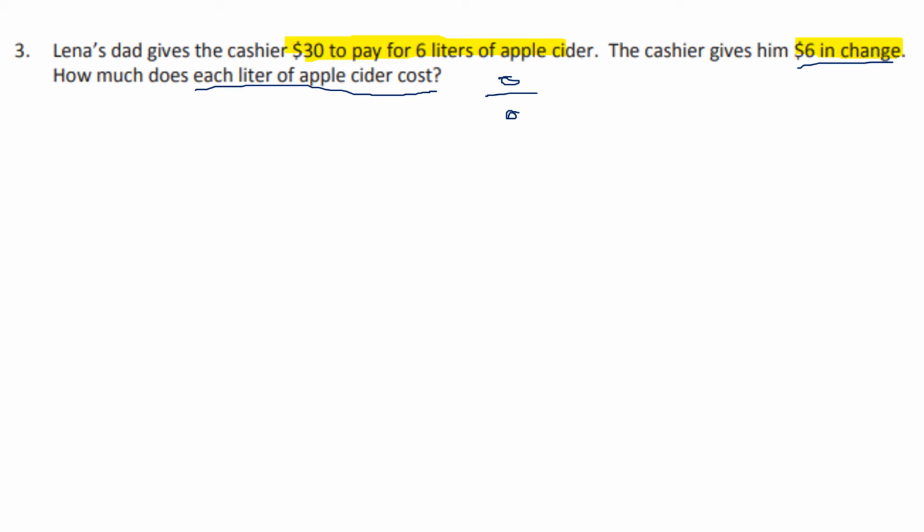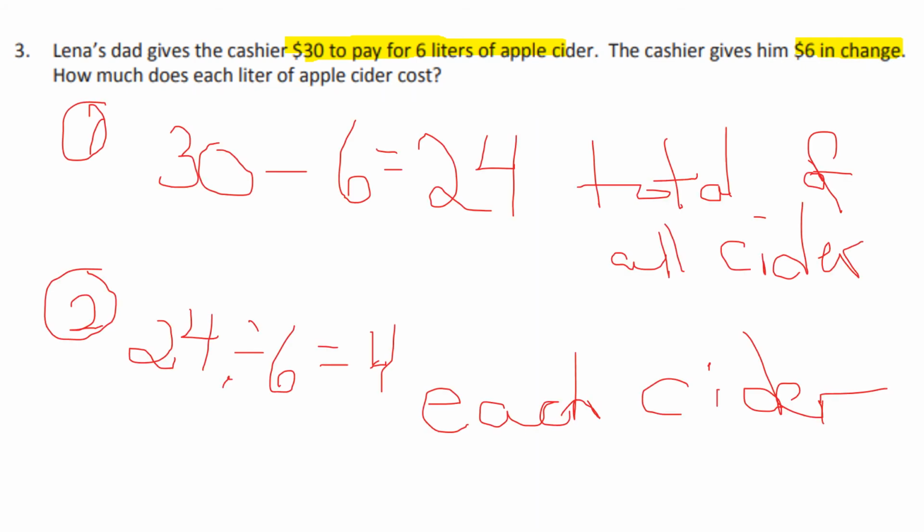All right, and we're going to go over the answers now for this problem. So here again, you can see I have my two steps. So if you look, what I first did was I had to subtract the $6 from the 30 to find out the total of the cider, because we got $6 back.